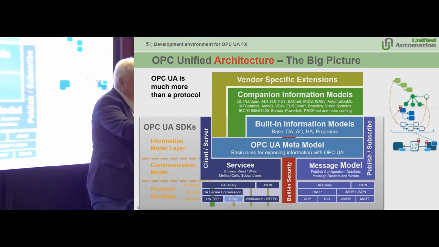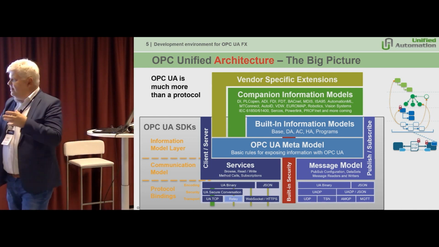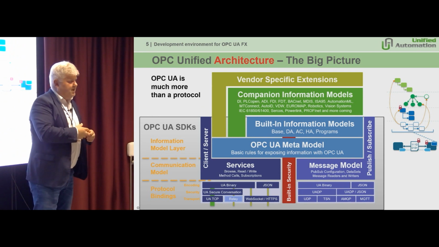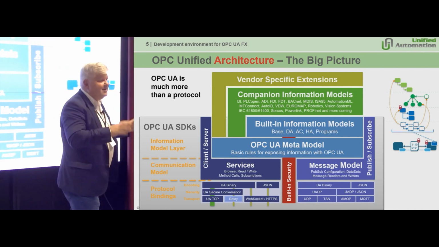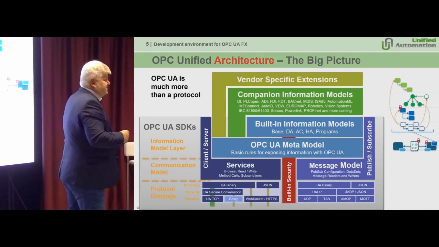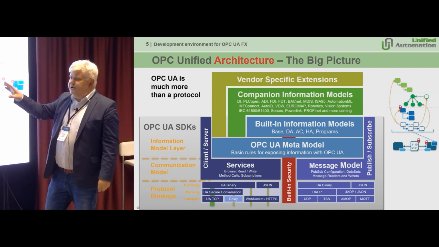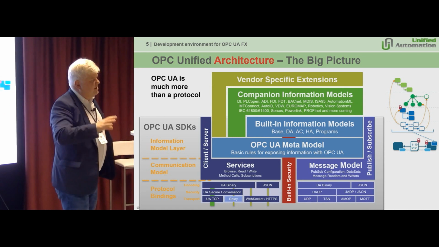That's what you do for energy, and that's what you do for process. That's how you define the mapping of your product to the OPC UA server address space. And the rest down here is more or less done by the libraries that do the communication. So the idea with PubSub in the architecture was always that you don't need to change anything in your information model to send data via PubSub.